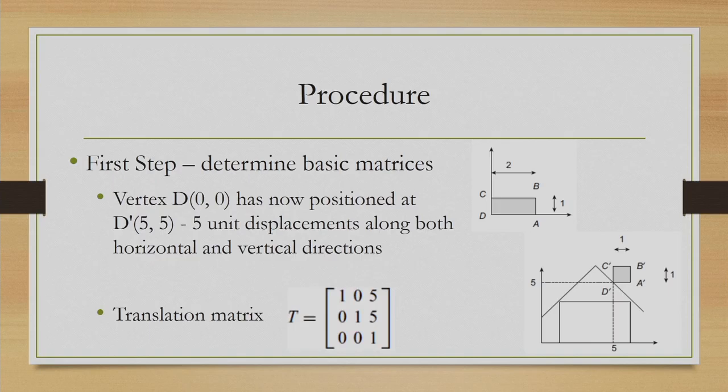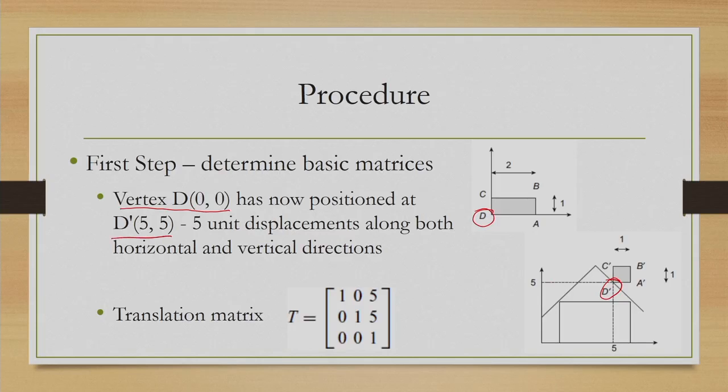Now, translation, the second basic transformation that we require. Here the vertex D was the origin, as you can see here, where it got transferred to D dash. Now, what is the vertex position of the transformed point? That is 5 5.